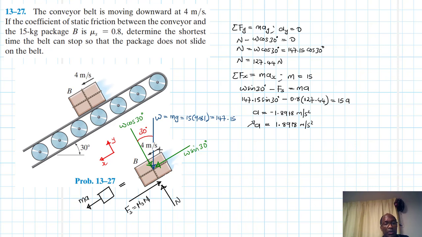We've been told that this package is moving at 4 meters per second in this direction, and we found our acceleration is going in the opposite direction. So we need to keep track of the signs based on everything that we are doing here. And this acceleration is constant.